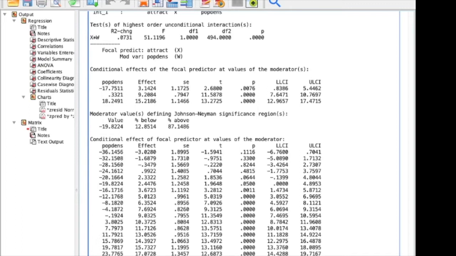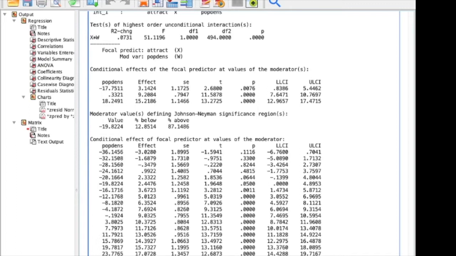So at 18 units below the mean, at the mean, and 18 units above the mean. Remember, we mean-centered this. So we can see 18 units below the mean, for every 1 unit increase in attractiveness, there's a 3 unit increase in number of souls harvested.